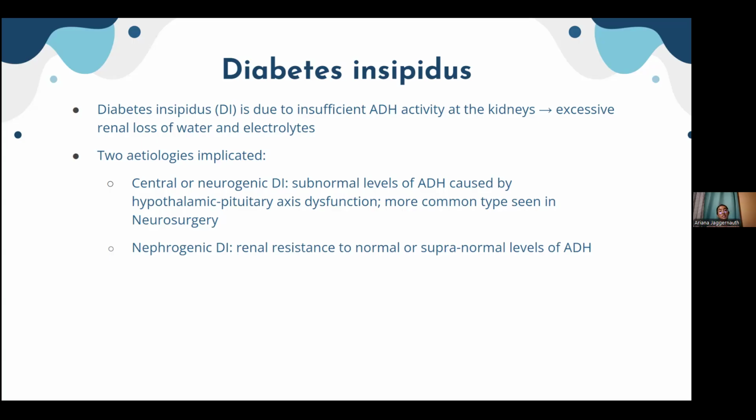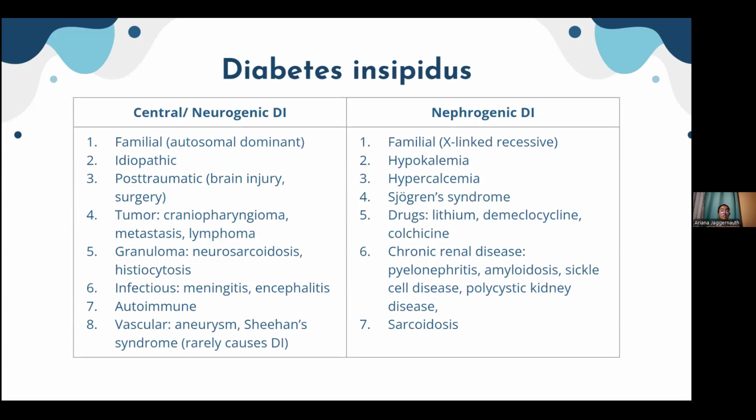The other etiology that is implicated is nephrogenic diabetes insipidus, which refers to renal resistance to normal or even supranormal levels of antidiuretic hormone. This here is just a table comparing the causes of each of the etiologies. So in cases of central or neurogenic diabetes insipidus, it can be autosomal dominant, can be idiopathic.